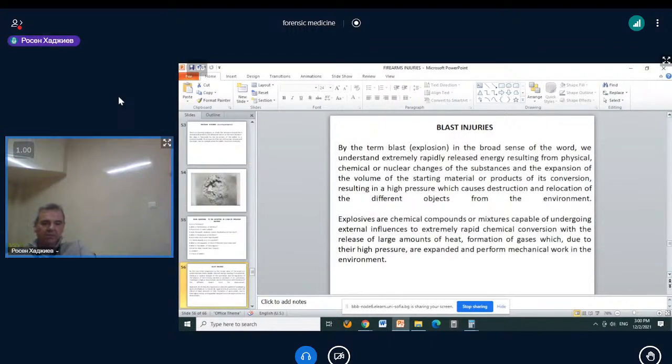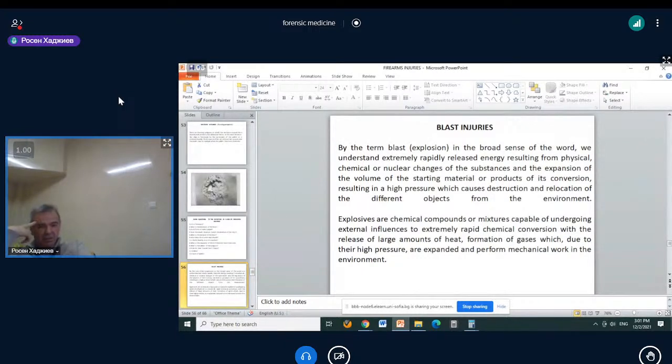Blast injuries. By the term blast or explosion, we understand extremely rapidly released energy resulting from physical, chemical, or nuclear changes, and subsequent expansion of the volume of the starting material and products of this material, resulting in high temperature and high pressure, and this high pressure causes destruction and displacement of different objects from the environment.